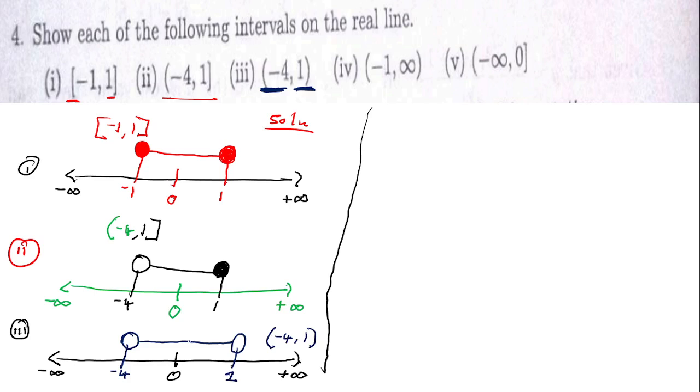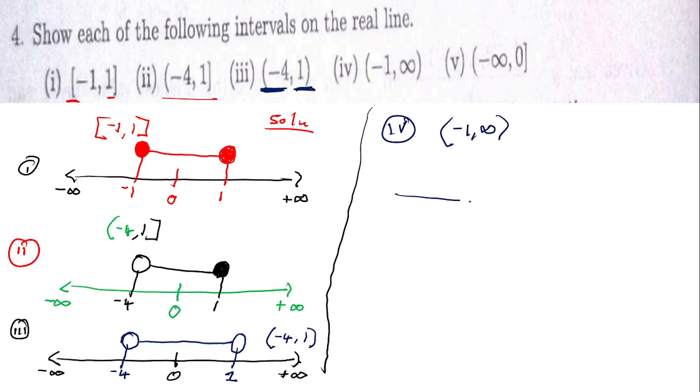Very easy and straightforward. Let's quickly move on and look at question 4. Part 4, you have been given negative 1, infinity. This is a very nice and interesting question, such that this time around we are involving the infinity.